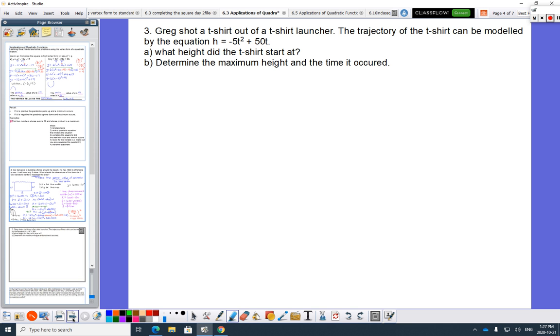So A, I sort of left in here because it gave people some trouble. What height did the t-shirt start at? How could I find that? Or logically, what do you think it is? Where does it start? Kylie? 0. Okay, so the C value is 0, and that's the start value.